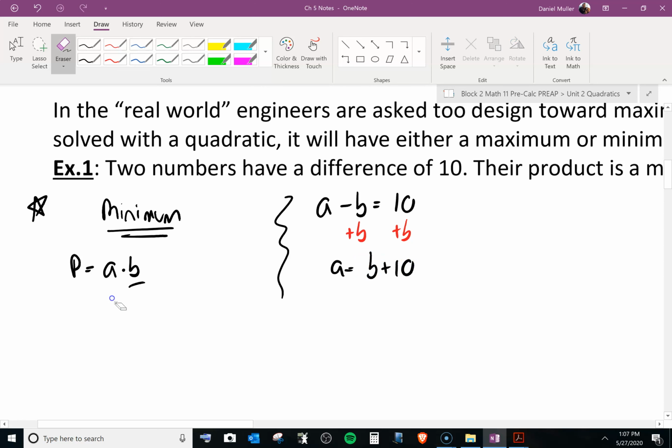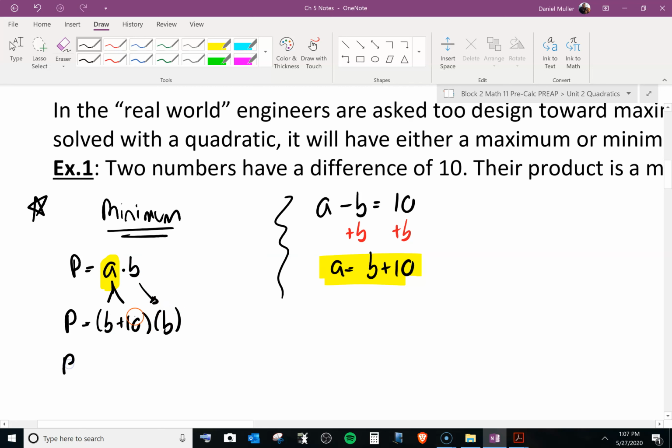Now that we have that, we can put that into our formula. P is equal to A, and now A is B plus 10. So I'm going to replace A with B plus 10, and then there's that B that gets carried down.